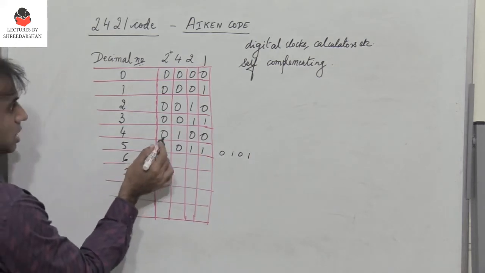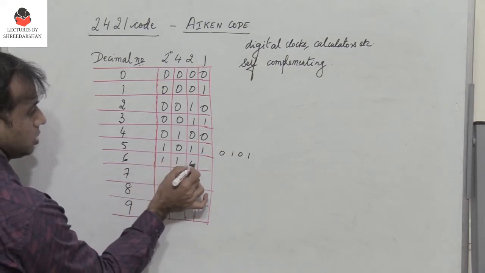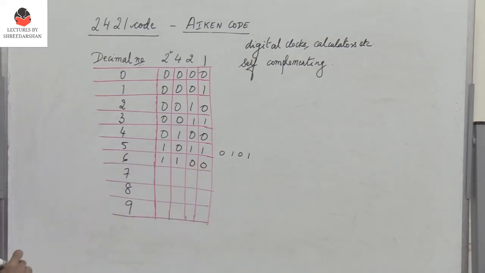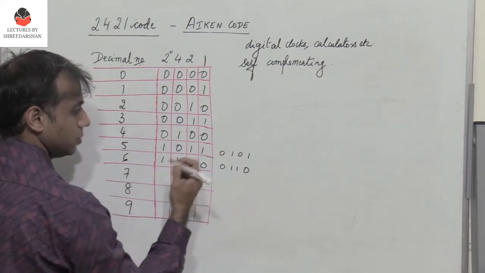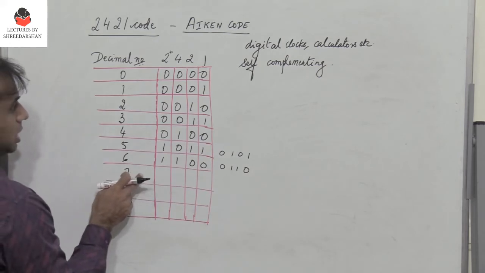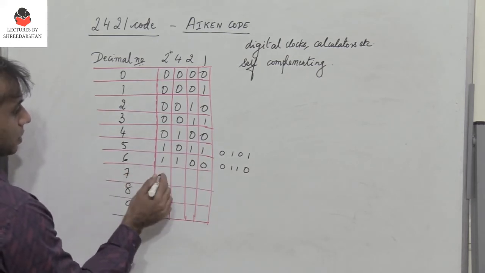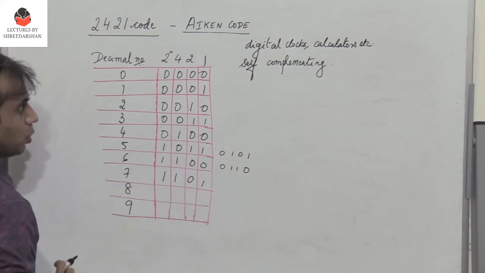6, I write 6 as 1, 1, 0, 0. Of course, 6 also can be written as 0, 1, 1, 0, the usual binary representation. 7 is written as 1, 1, 0, 1, right? 2 plus 4 is 6, plus 1 is 7.